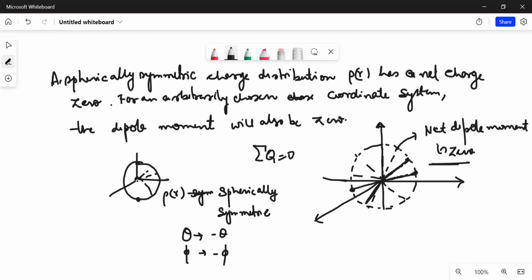With respect to the origin, the charges are symmetrically placed. If there is a dq here, there would be a dq there as well. Since the charges are symmetrically placed with respect to the origin, the net dipole moment would be zero.